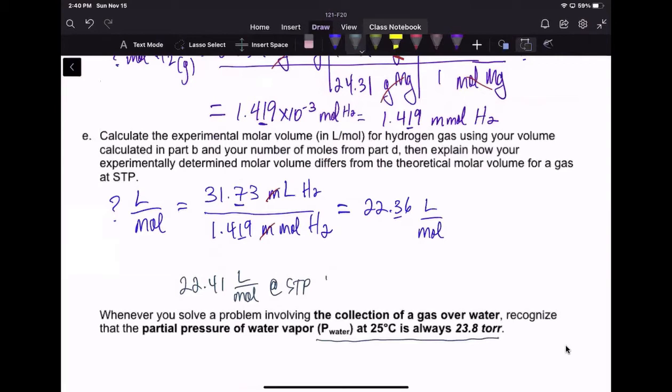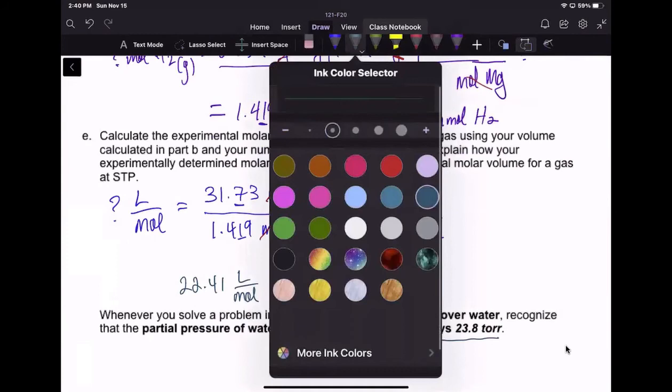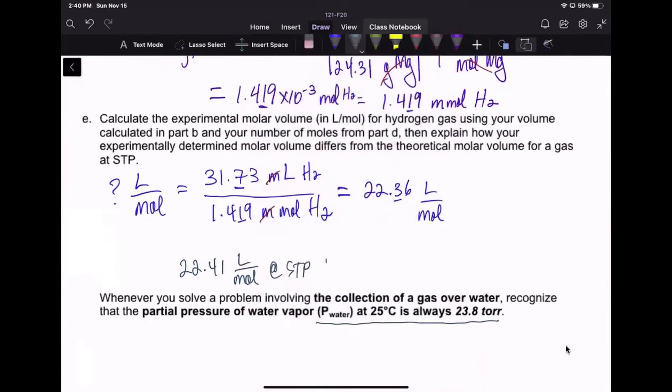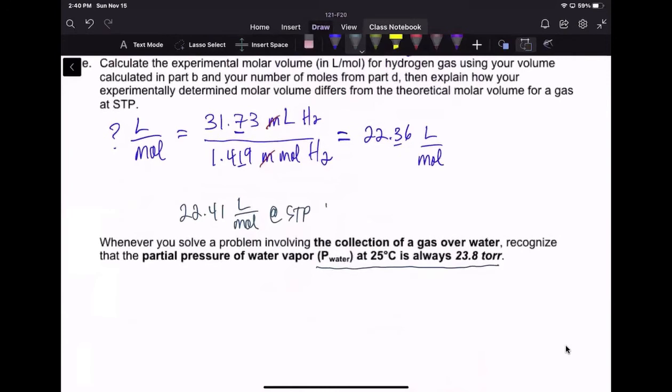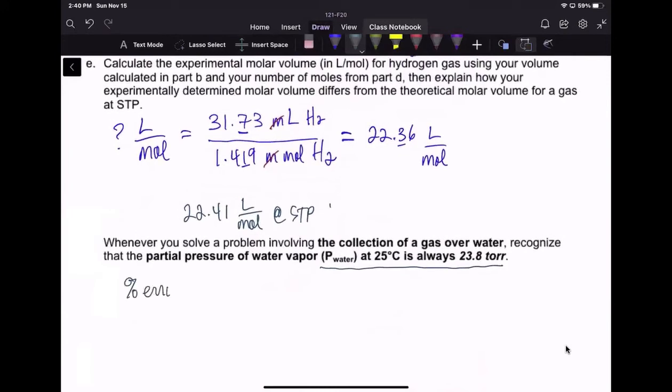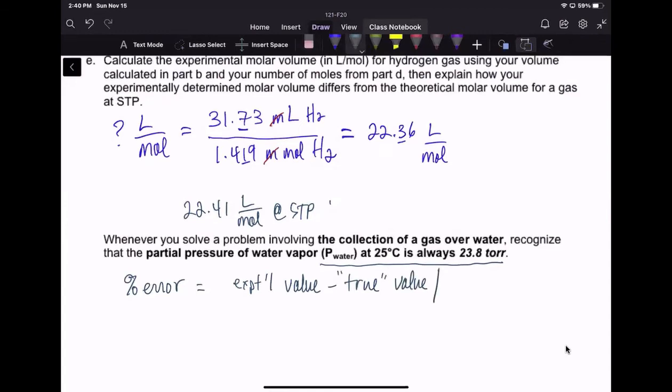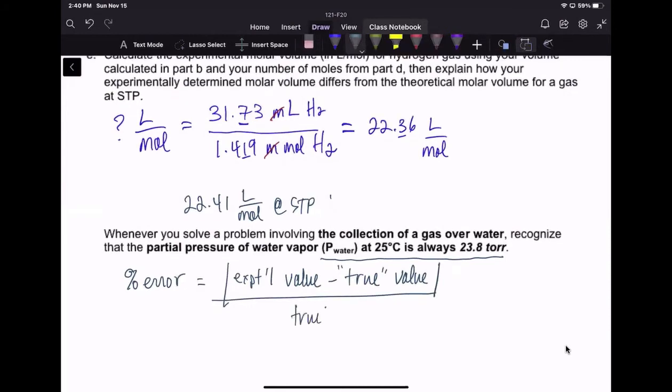Now I'm going to go a step farther and talk about the percent difference or the percent error. That is the experimental value minus the true value or accepted value. And when we do that, we take an absolute value, so we're going to make it positive, over the true value times 100%.